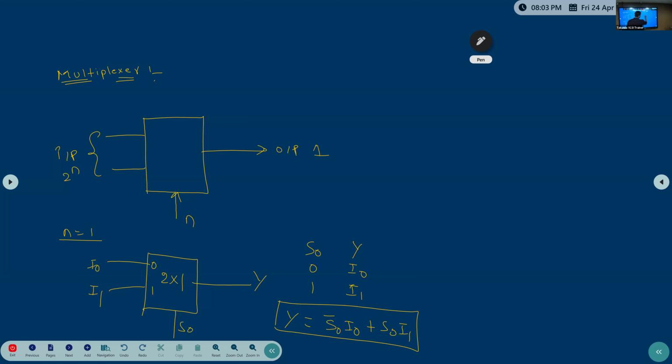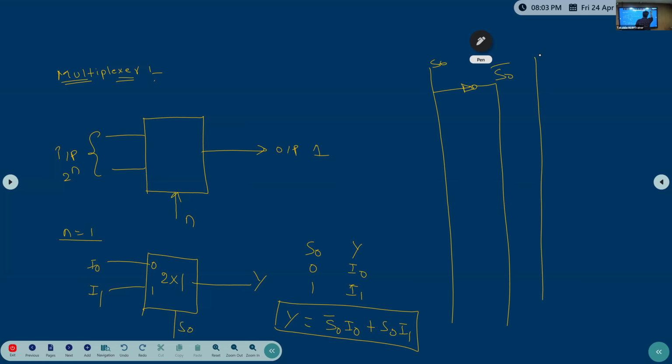S0 bar, then I0, so S0 bar I0. Next S0 I1, S0 I1.